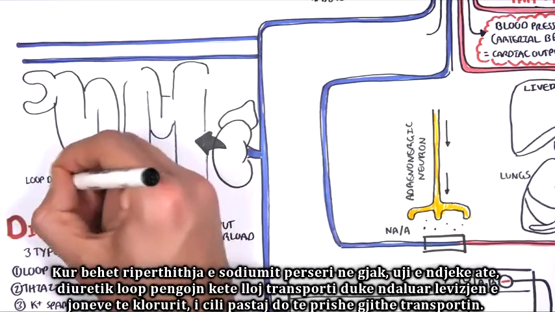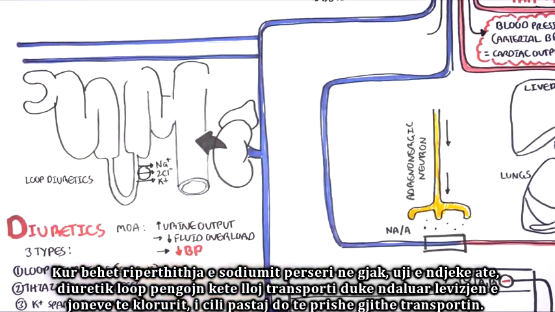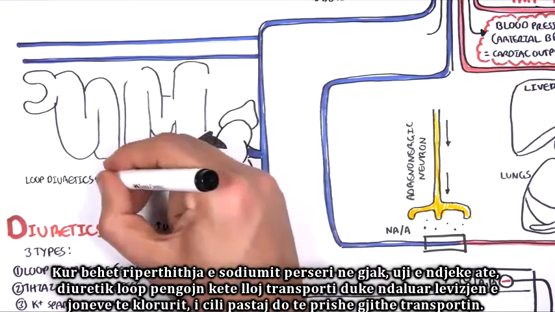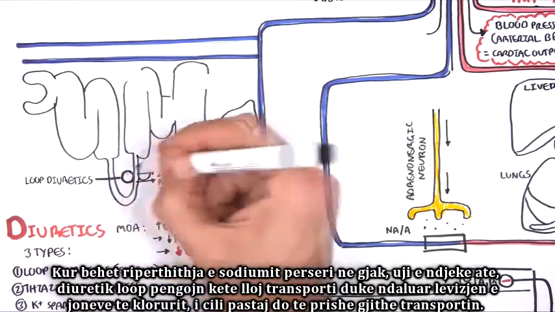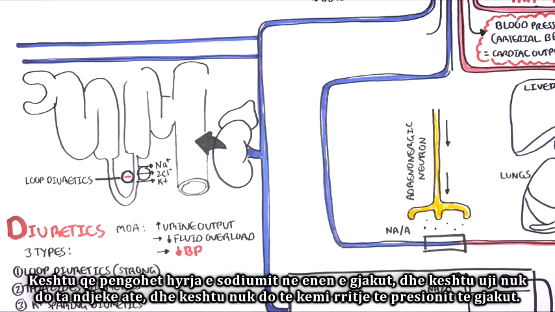Loop diuretics inhibit this transporter by inhibiting the movement of chloride ions, which will disrupt the whole transport. And so you don't get sodium moving into the blood vessel, and so you don't get water following, and so you don't get an increase in blood pressure.